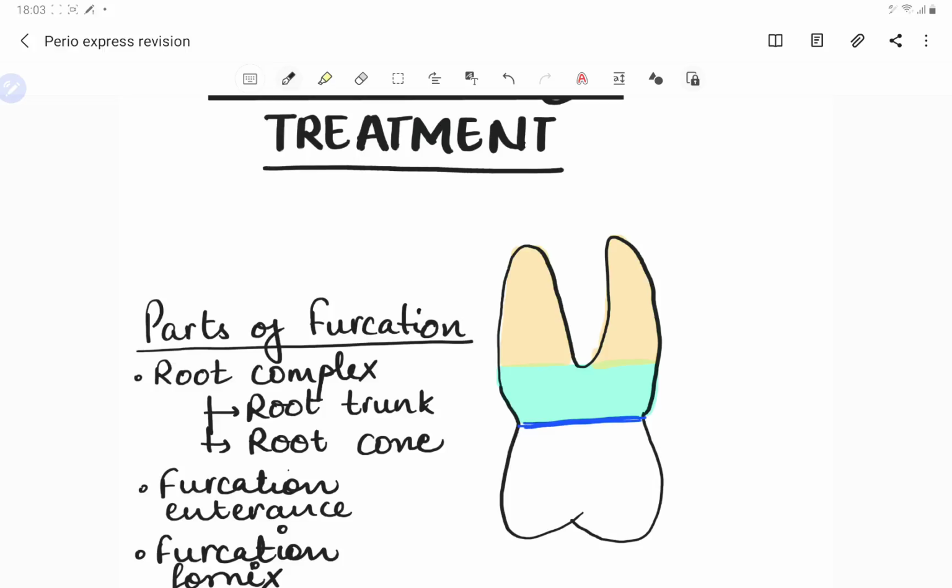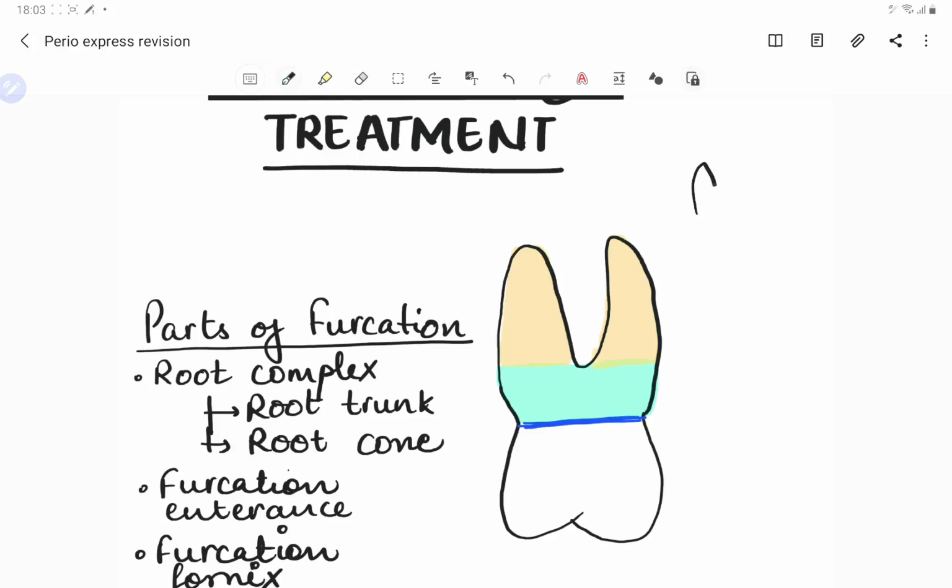So if I say that the roots are fused roots, suppose, and there is a furcation involvement, then the procedures which we'll be talking about are actually very difficult. So that case where there are fused roots is not a good candidate for the treatment of the furcation.